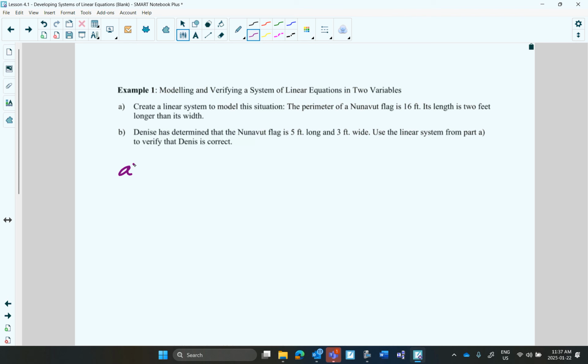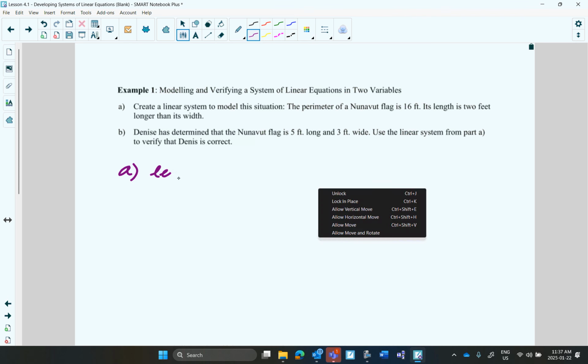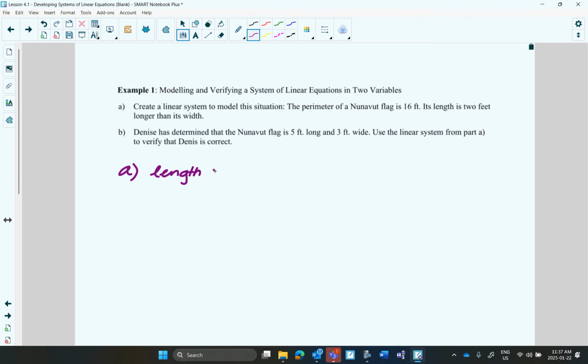So that's the first thing we're going to do: we're going to say length is L, width is W. So my equations are going to have an L and W in each one. And you can kind of see it in the question. This is going to tell me my first equation, and this is going to tell me my second one.